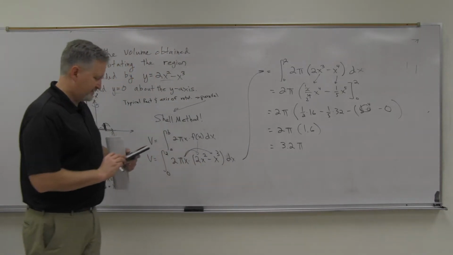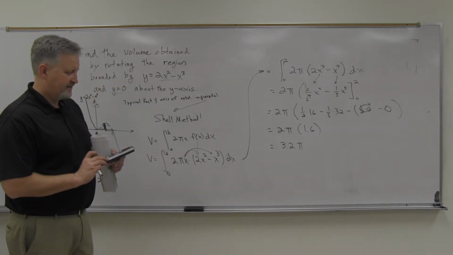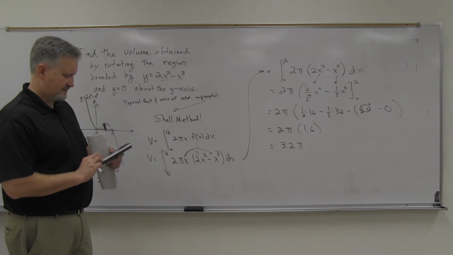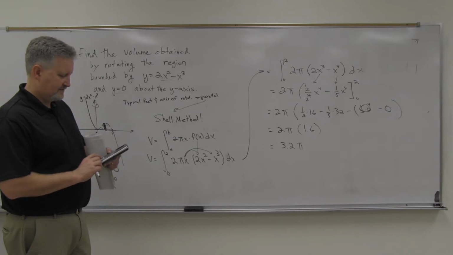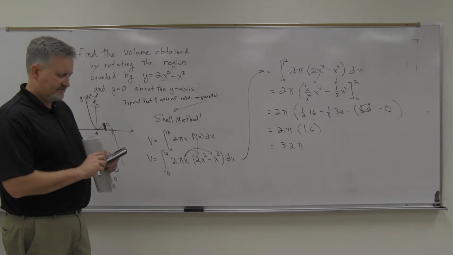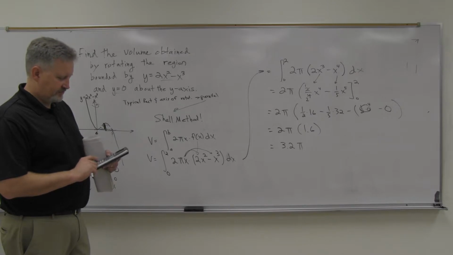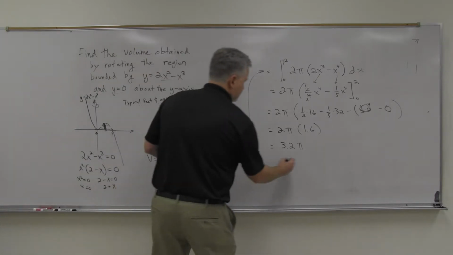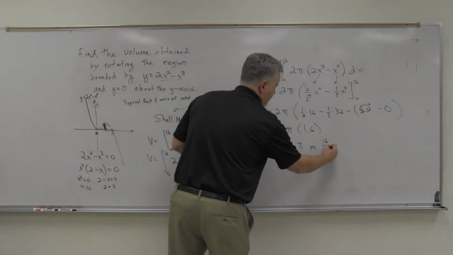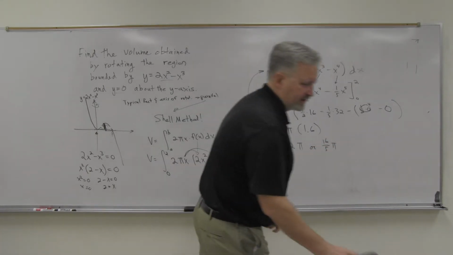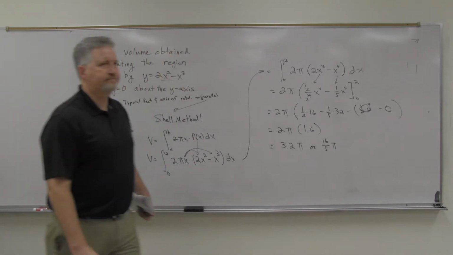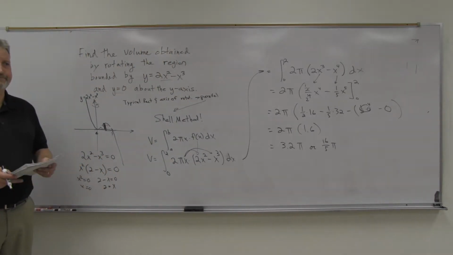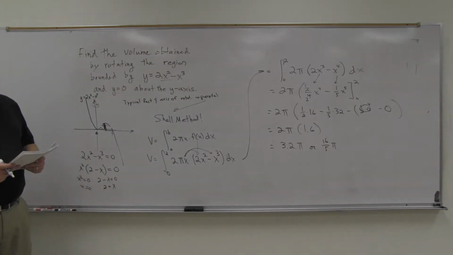That is a fraction. 1.6 times 2 is 3.2. Take that to a fraction, 16/5 pi. Yeah, they would write that. Take your pick, I'm okay with either one of those. Yes? Good? Okay.